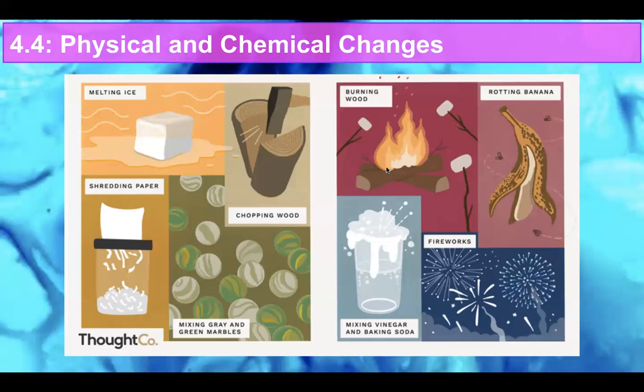So with the burning of wood, we've got our organic matter within the wood, we've got the oxygen in the air, and through the high amount of heat that we've got here, the reaction between the wood and the oxygen is occurring, and carbon dioxide and water is being formed and released.